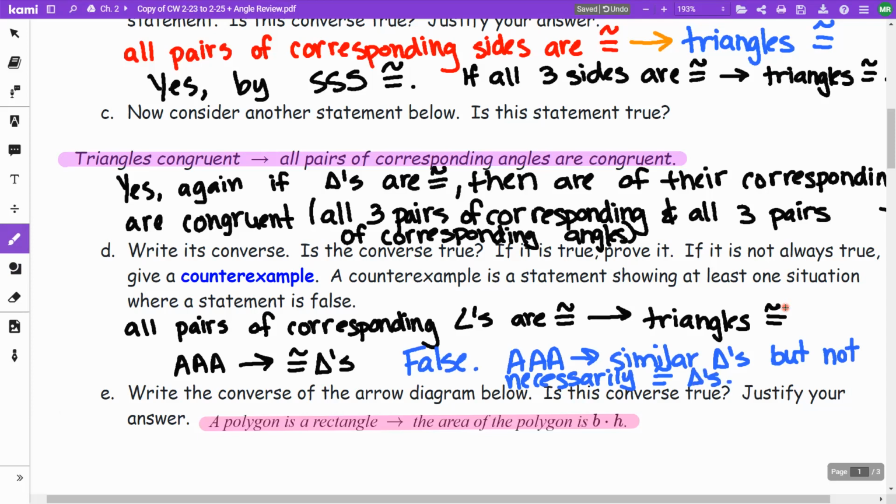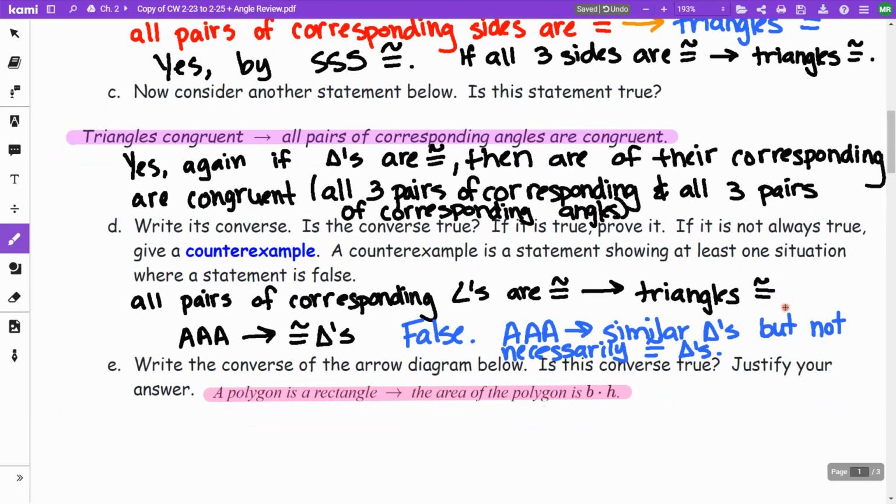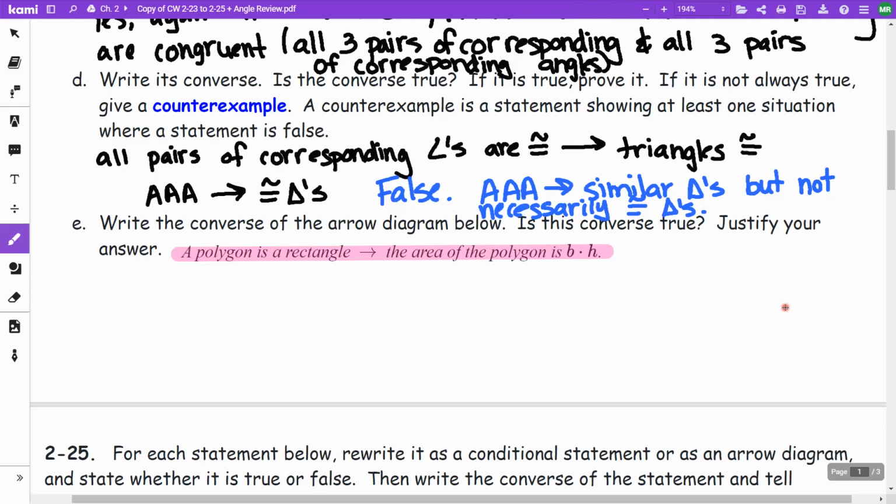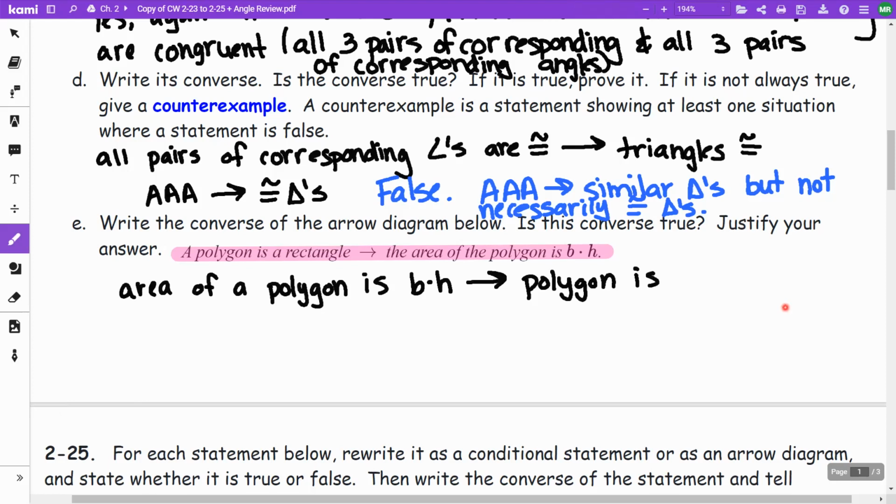Write the converse of the arrow diagram below. Is the converse true? Justify your answer. So a polygon is a rectangle. Then the area of the polygon is base times height. So if we're going the other direction, we're going to say the area of a polygon is base times height. Then the polygon is a rectangle.